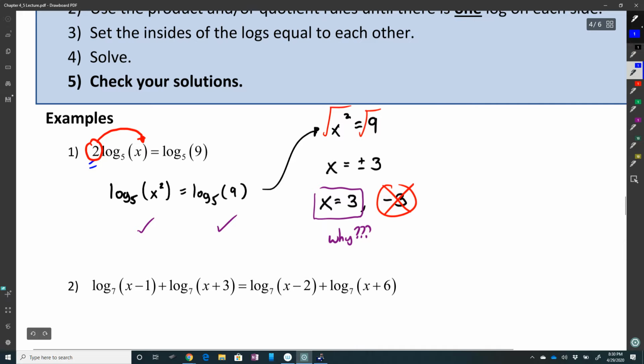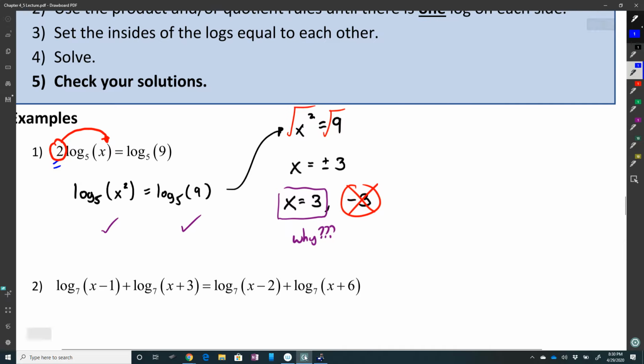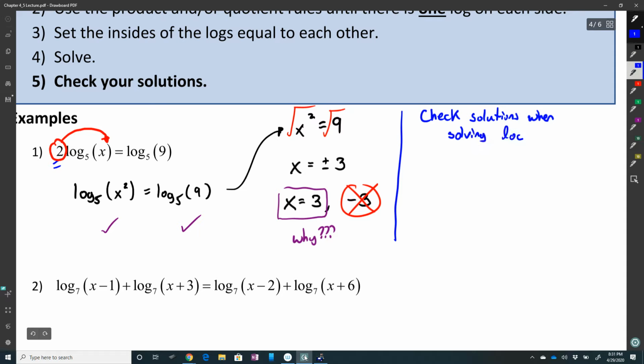Whenever you're solving a log problem, you have to check your solutions. To check, you don't have to go all the way with it.